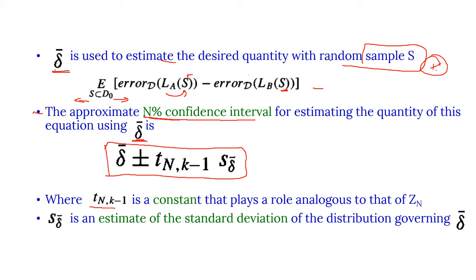Here t n comma k minus 1 is a constant value, normally taken from the Z table.